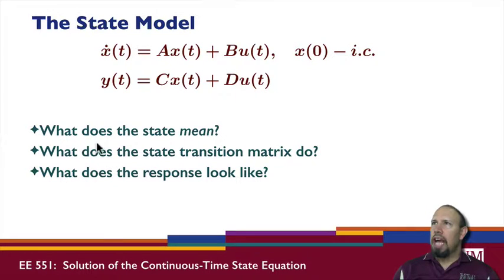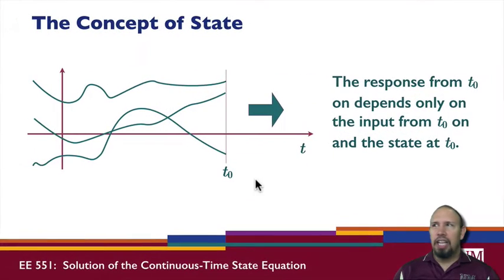As in the discrete time problem, we have the question of what does the state mean, what does the state transition matrix do, and what does the response look like? Those are the same questions as in the discrete time. Again, the concept of state is that even though the system may be doing something up till time t0, from time t0 on, the response depends only upon the condition at time t0 and the input from that point on.